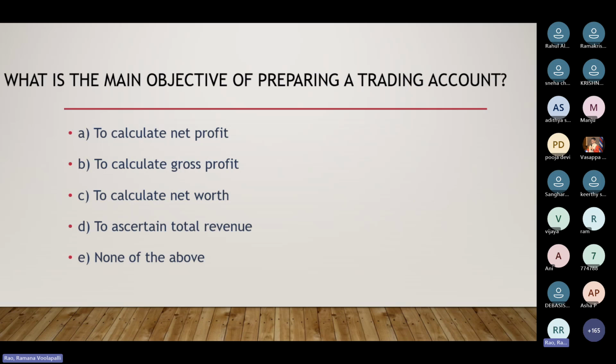Now we are starting the questions on trading and profit and loss account. What is the main objective of preparing a trading account? Kindly give the answer. Akhil, Anil, Geeta madam, Akhil sir, very good.